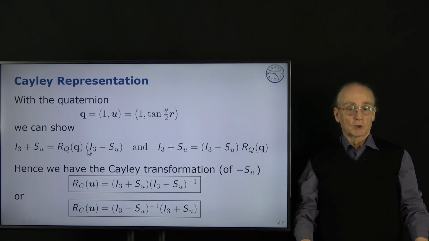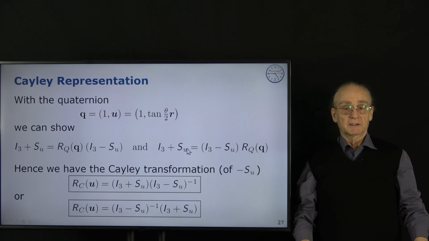Now you can show easily, if you take the quaternion representation here for this rotation and plug it into the definition of the rotation matrix depending on quaternions, and multiply it with the unit matrix minus the skew-symmetric matrix of u, short 1 minus S, you get actually 1 plus S.